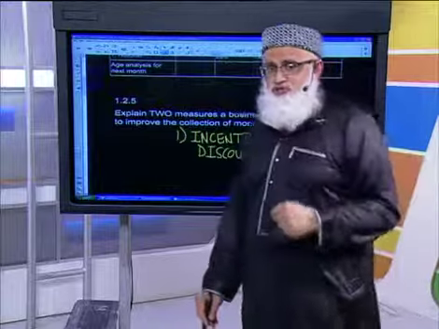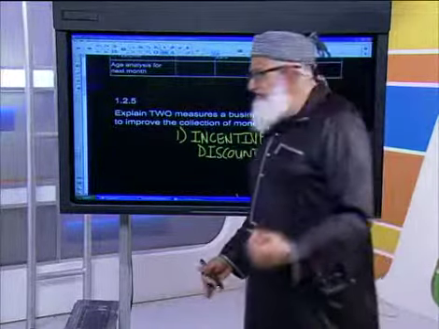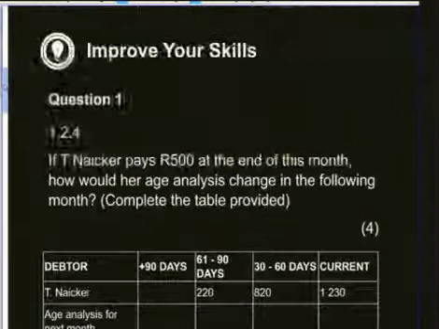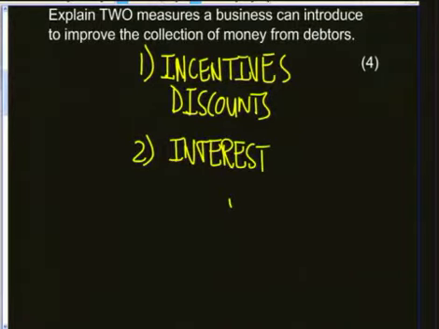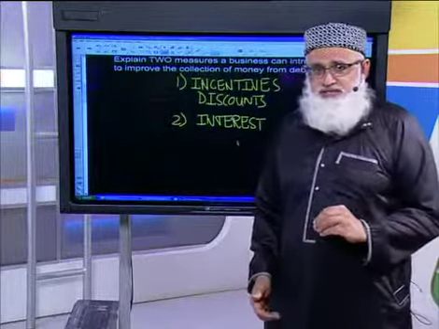Dangle the carrot to your debtors. If they settle within, give them the discount. And if that doesn't work, then what are we going to do? We're going to punish them and charge them interest on their overdue accounts. Okay, so in this way, you can encourage your debtors to pay you timeously.